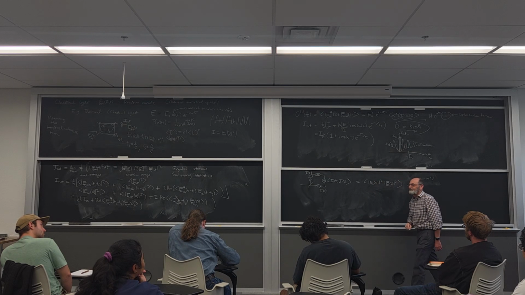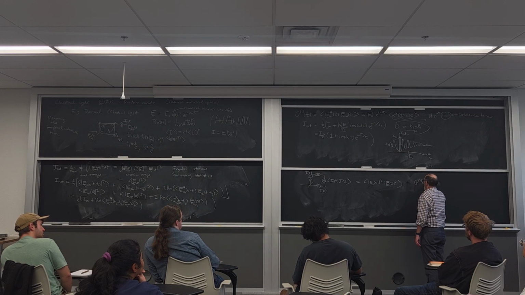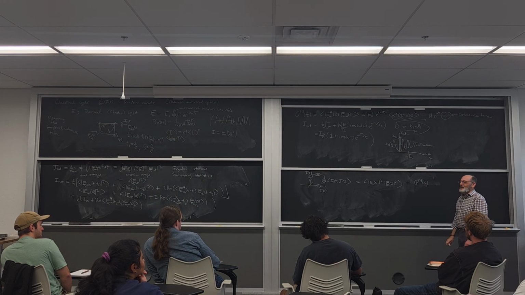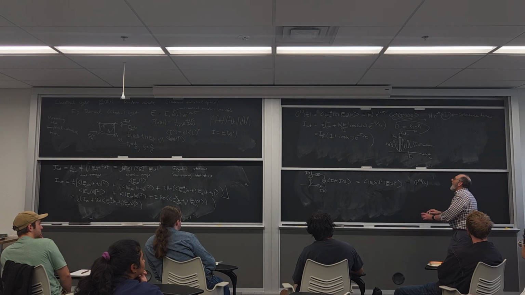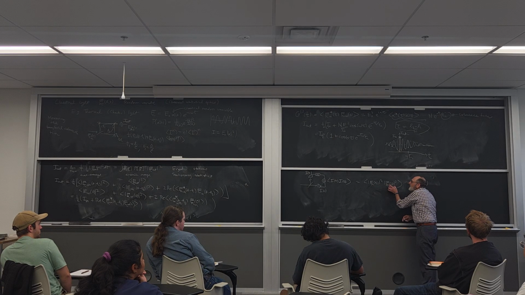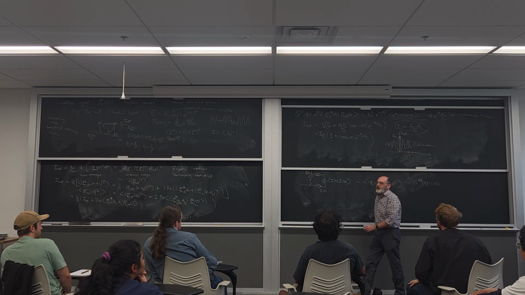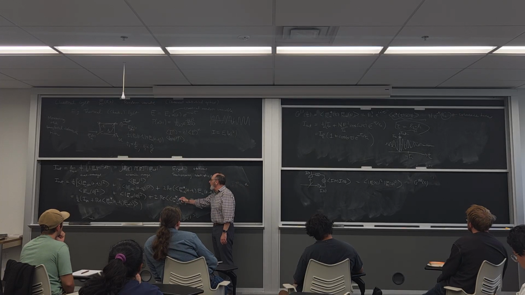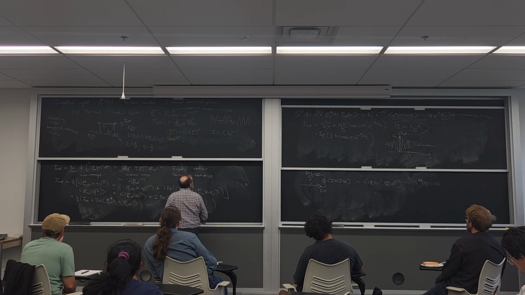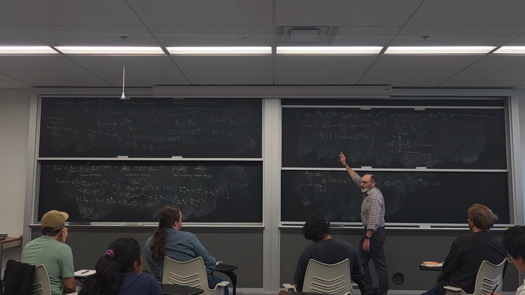Which we call G2 of tau. This is an autocorrelation of the intensity with itself at two different times, as opposed to a correlation of the electric field with itself at two different times in that G1 correlation.